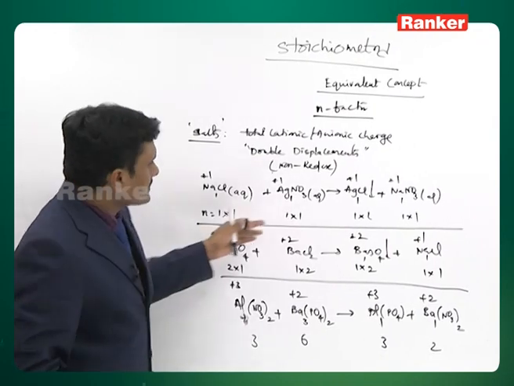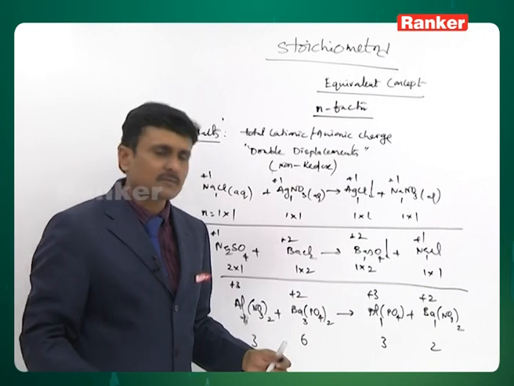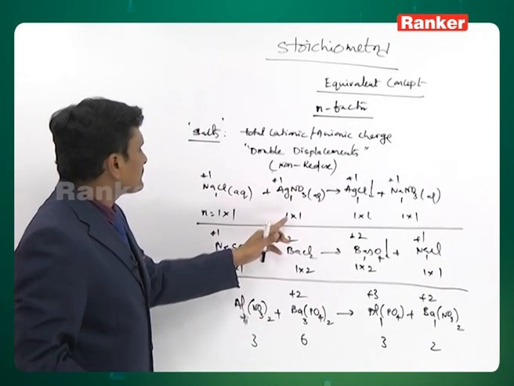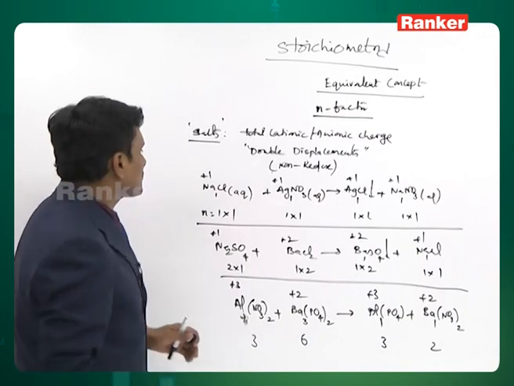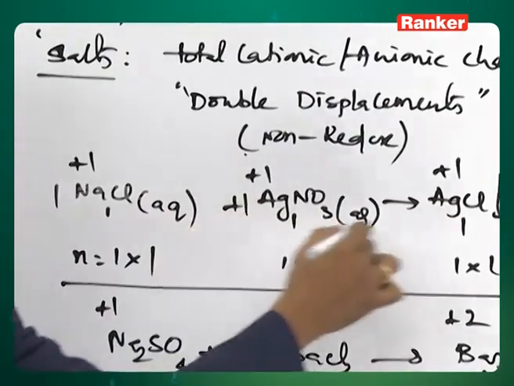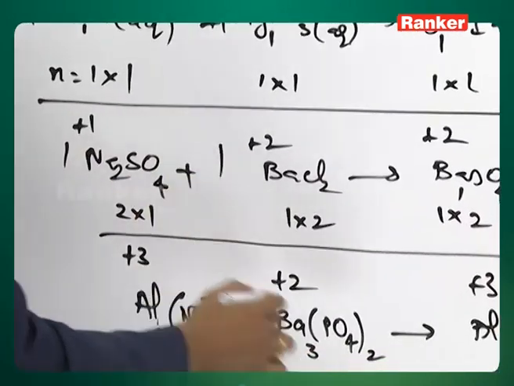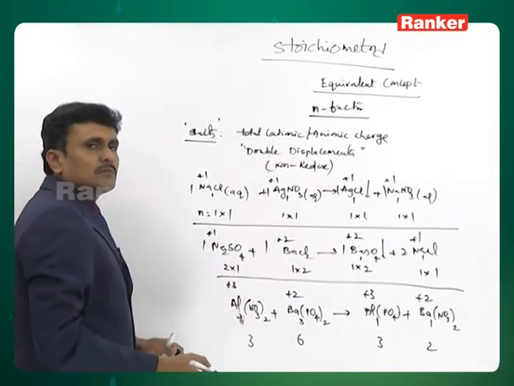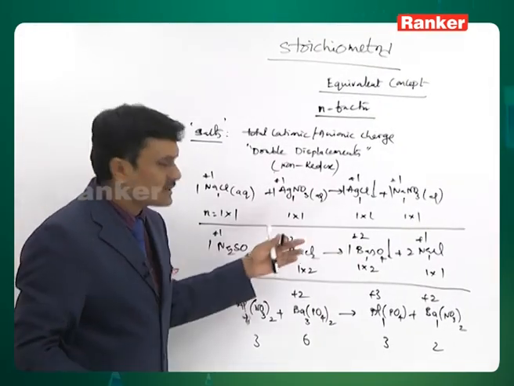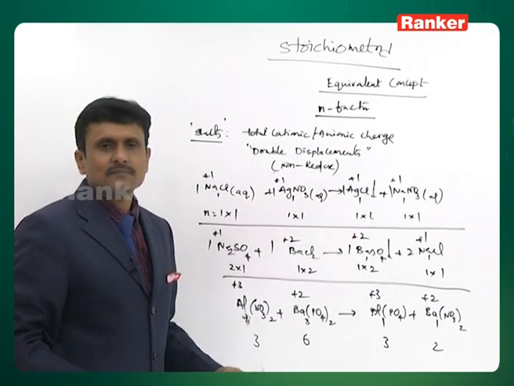Now, based on this n factor, we can balance this type of simple reactions very easily, because the ratio of the n factors is always reciprocal to the mole ratio. You can see here this is 2:2 or 1:1, this is 2:1 or 1:2 is going to be the mole ratio. So, we conclude that n factor ratio and mole ratio are always inverse to each other.